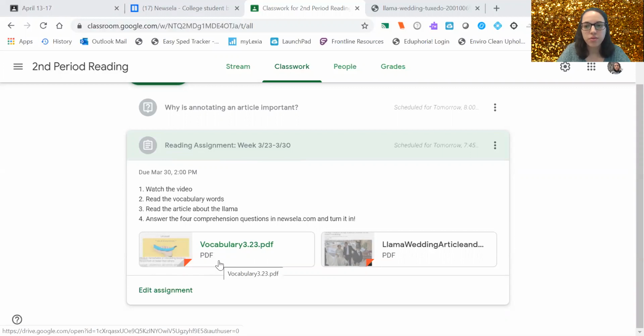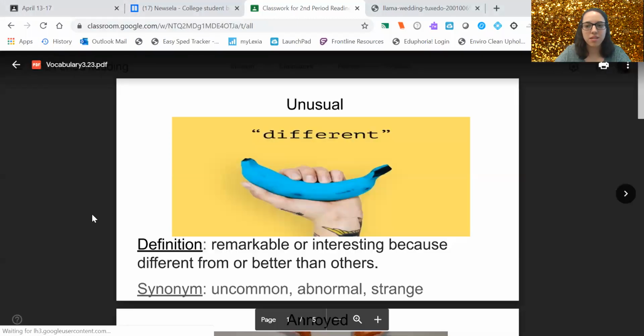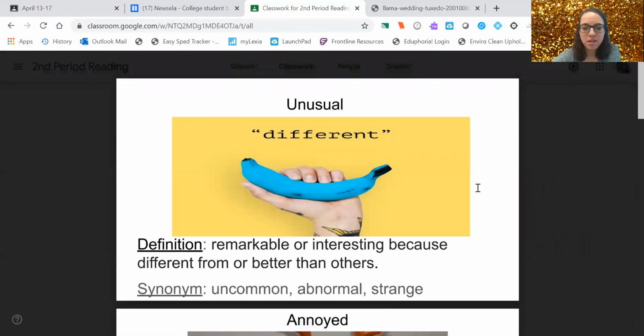It's good to go over some potential unknown vocabulary words that you might see in this article today. I'm not going to go through each and every vocab word with you right now because, first of all, some of you might already know what they mean, and second of all, I want you to do it at your own pace.